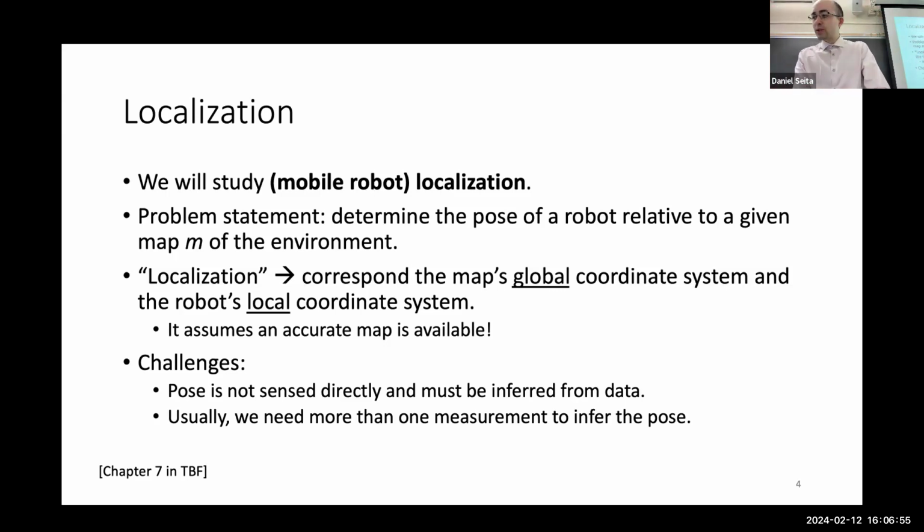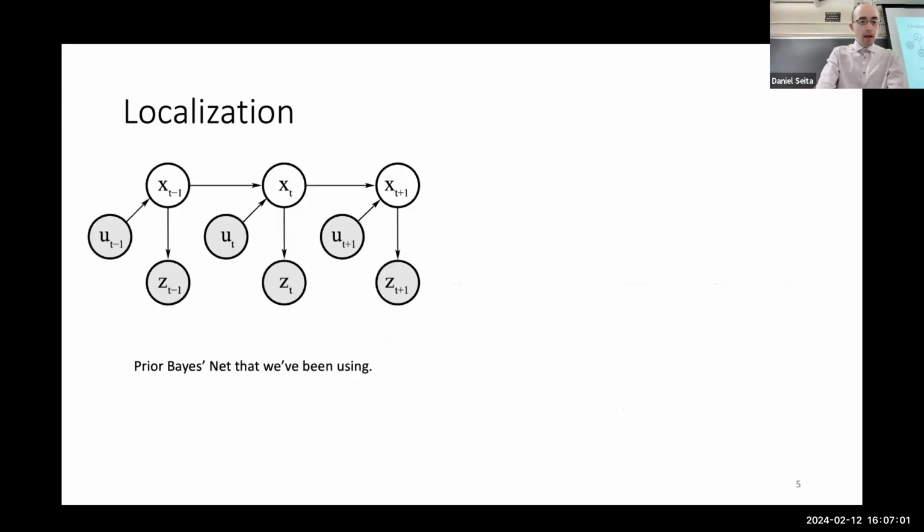Yeah, so this is the overview of the localization problem. So let's talk about the Bayes net. This is the prior Bayes net that we have all been using for the last few classes. So we have X here, which is the state of either the environment or the robot.